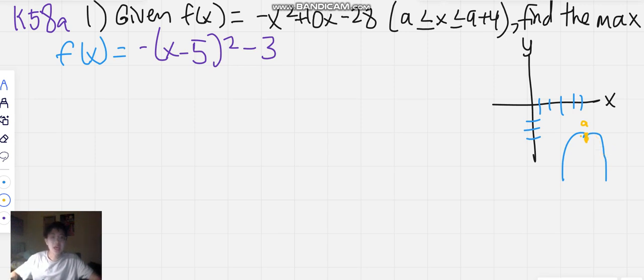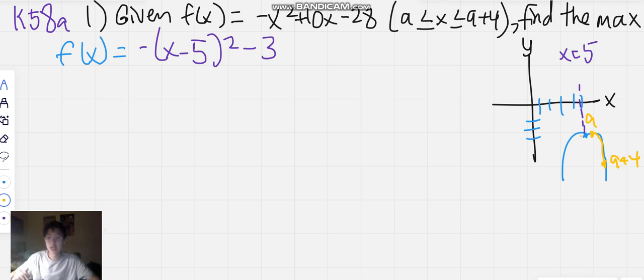But as soon as a, let's say this a, passes x is equal to 5, or the vertex, so it's on the right hand side of x equals 5, keep in mind that this is the axis of symmetry at x equals 5. As soon as a is to the right hand side of that, we can no longer define the maximum to be at the vertex because our interval doesn't include the vertex anymore.